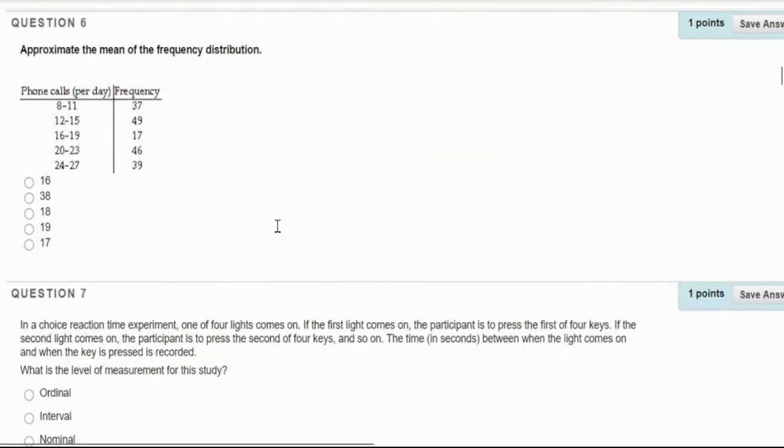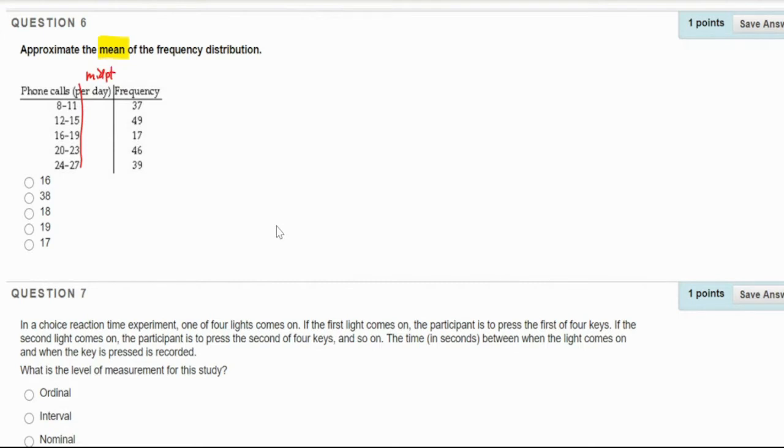All right. Now, the next question, they want us to find the mean. This is a question where it is going to be to your advantage to use a TI, right? But before you use a TI, you are going to find the midpoint. You need the midpoint.